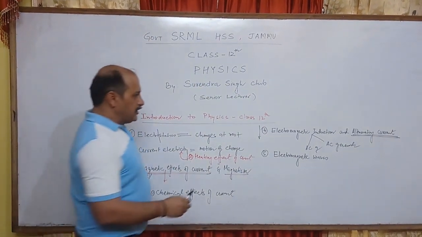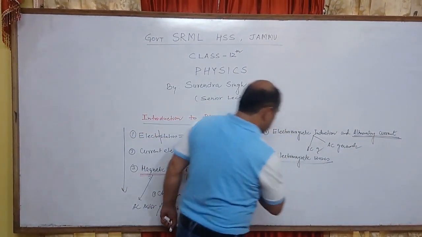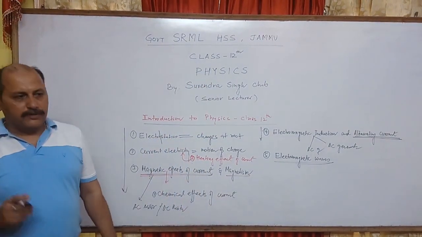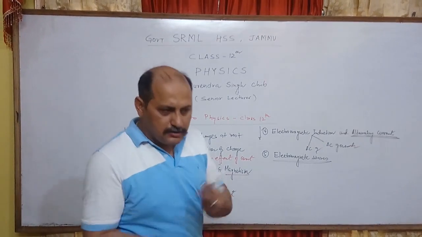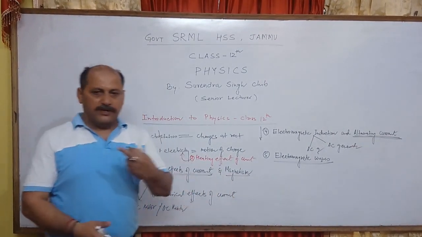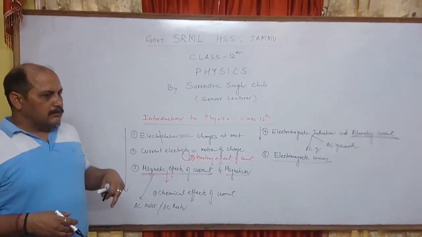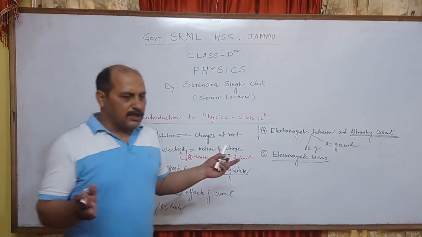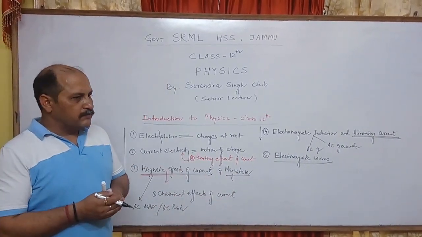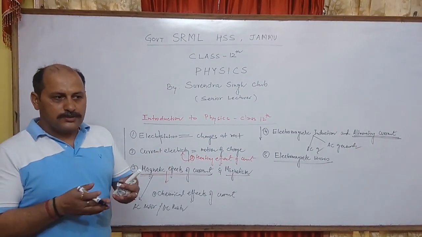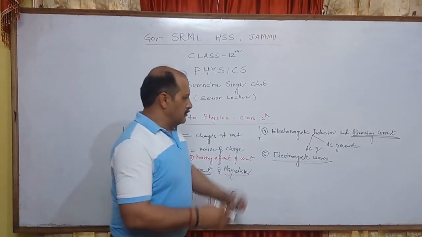Then there is a unit, electromagnetic waves. What are electromagnetic waves? Now see, if electricity can give magnetism, and magnetism is giving electricity, when both are giving each other, then they produce electromagnetic waves.